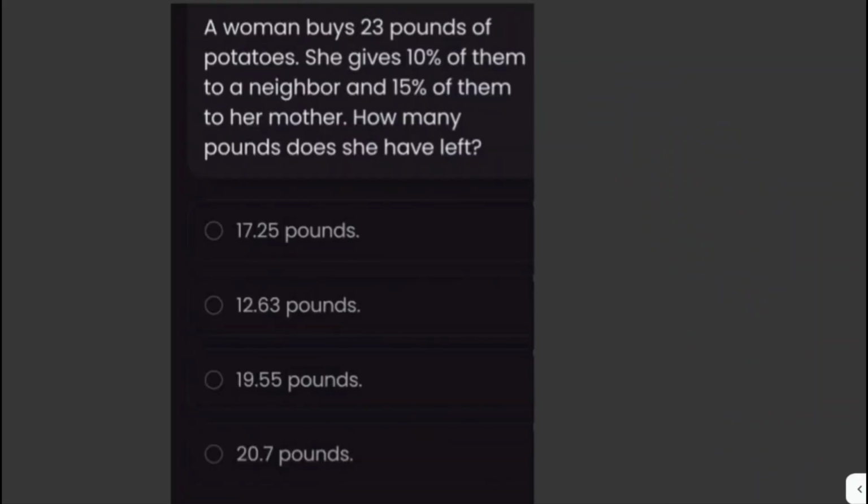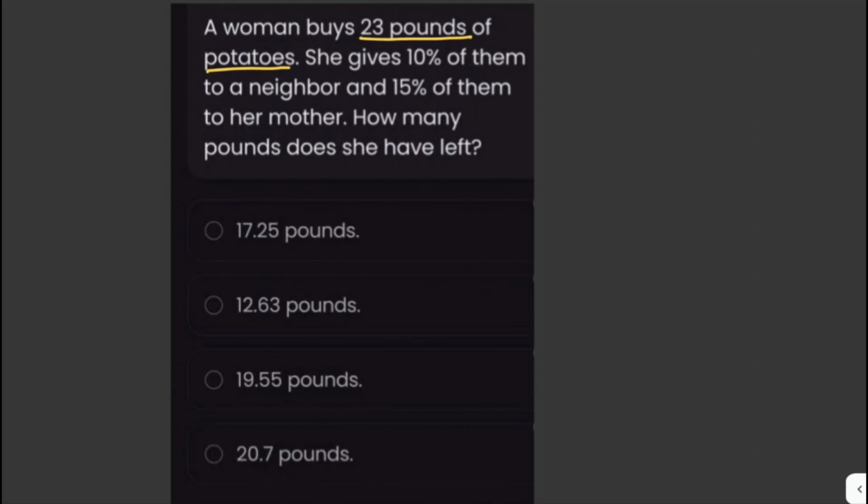A woman buys 23 pounds of potatoes. She gives 10% of them to a neighbor and 15% of them to her mother. How many pounds does she have left? Alright, it's given here that a woman buys a total of 23 pounds of potatoes, and she gives 10% of them to a neighbor.